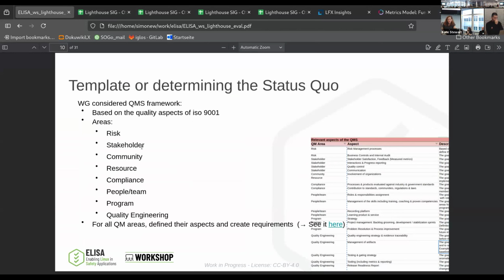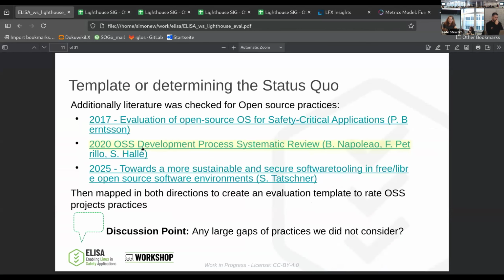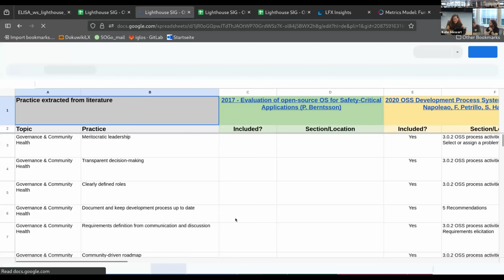But what about the open source best practices? We already had Stefan here, who introduced his work that he recently published, and we considered his work, but also other works. I have linked them here in the slides, and then mapped that in basically both directions.